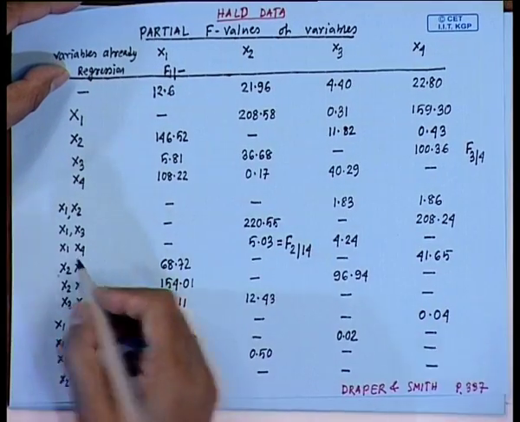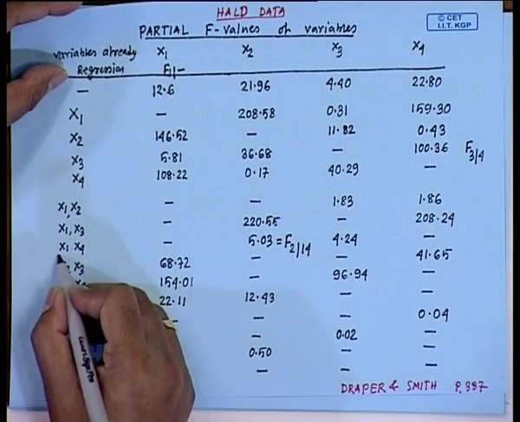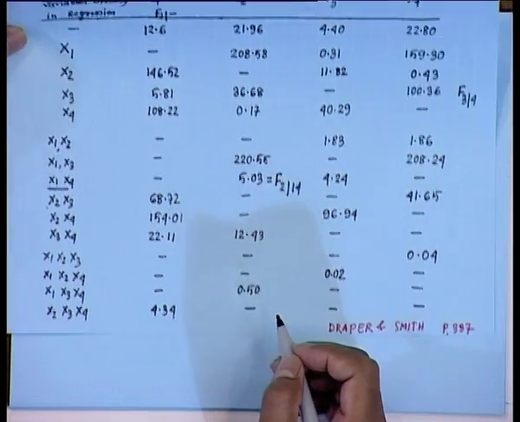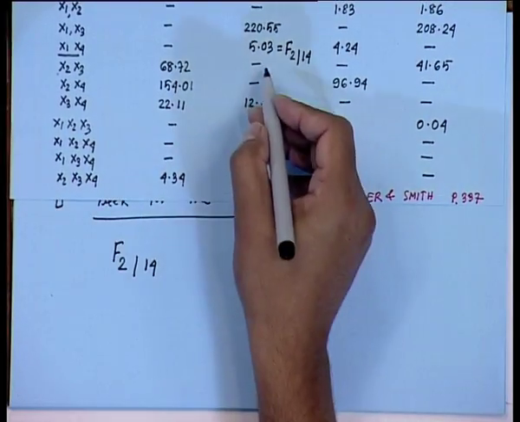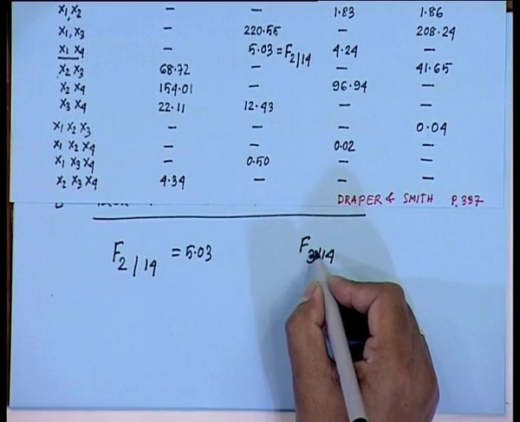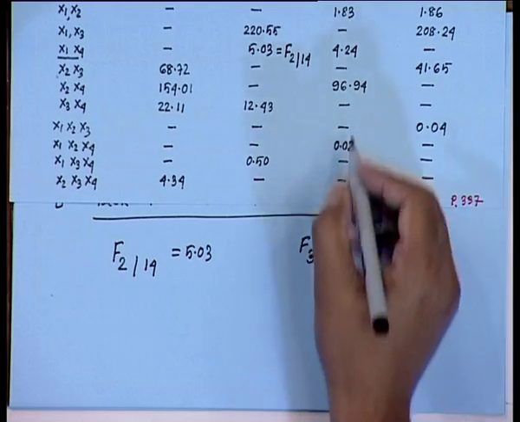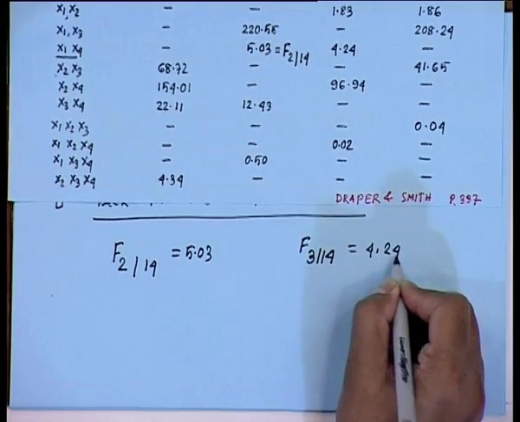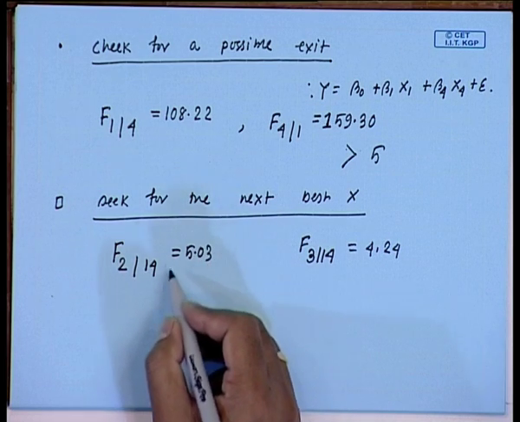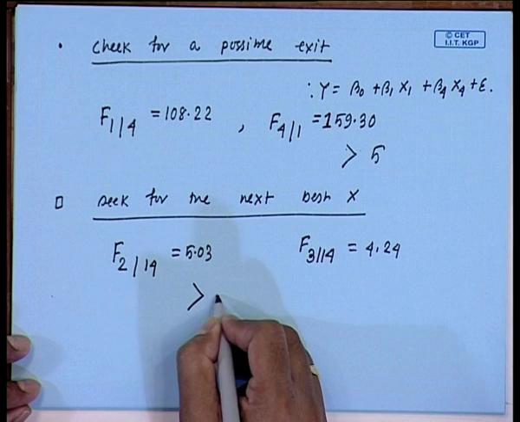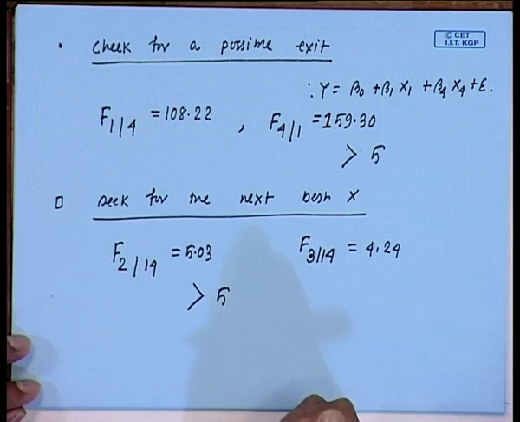So, 1 4 is already there in the model. So, f 2 1 4 is 5.03 and f 3 1 4 is 4.24, and this one is the highest partial value and also this one is greater than the threshold value 5.